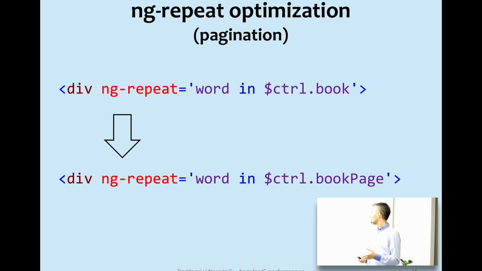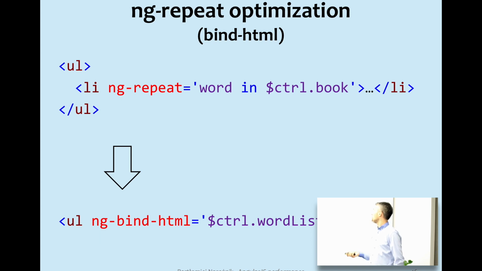Some of them can reuse the DOM elements, so it will be even better than making your own paging. And there is one more thing you could do. Instead of having ngRepeat in your HTML, you could bind HTML, which means that you create your part of the web page in the controller, and you assign it there. It may not be so nice, but it works better.